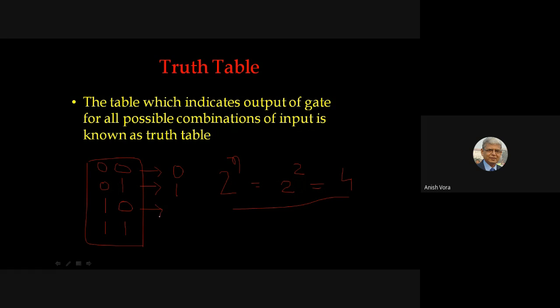This is just for information, because the truth table will have the conditions 0 0, 0 1, 1 0, 1 1. At that time it should be clear why we write these conditions and why only 4 different possibilities are there. So now let us start with the AND gate.